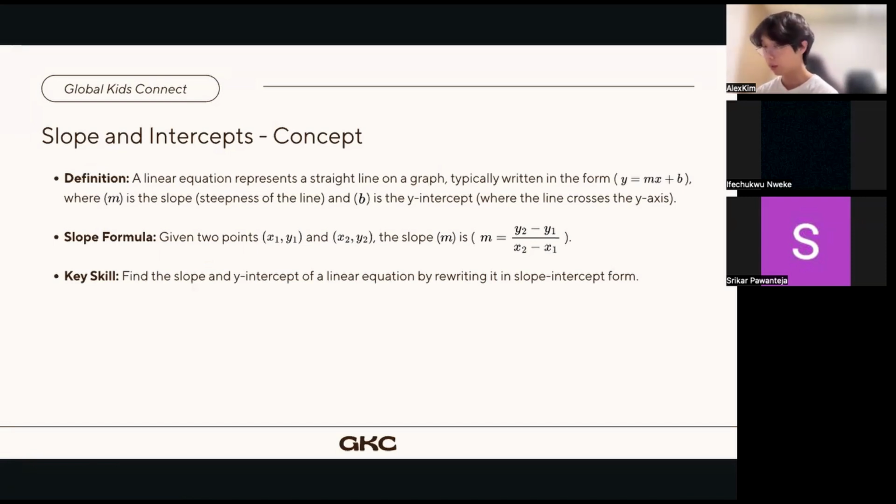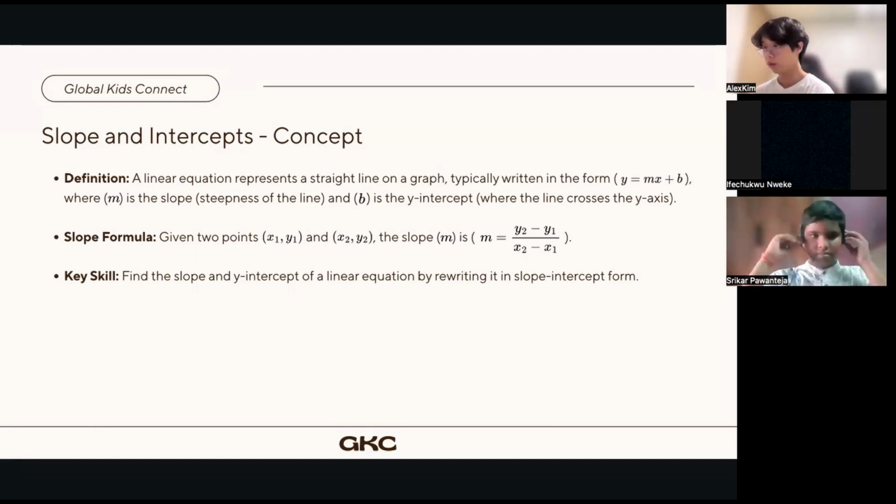The slope formula, when you're given two points, x1, y1, and x2, y2, can be written as m equals y2 minus y1 over x2 minus x1.